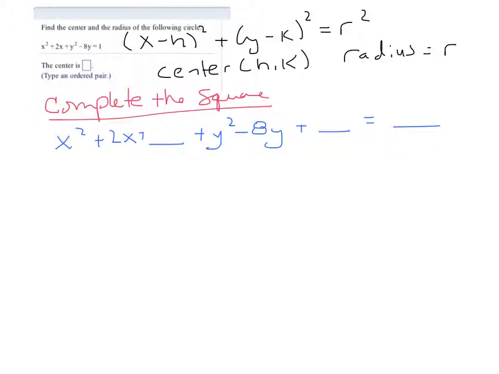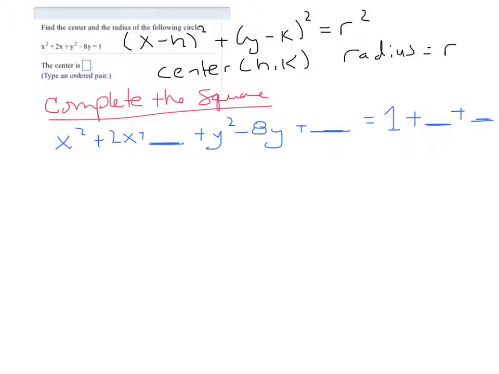And then on the right hand side I have my constant, which was given to me as 1. And then because I have a blank on the left that I added, I also have to add the same amount on the right. So this blank associates here, this one associates here.